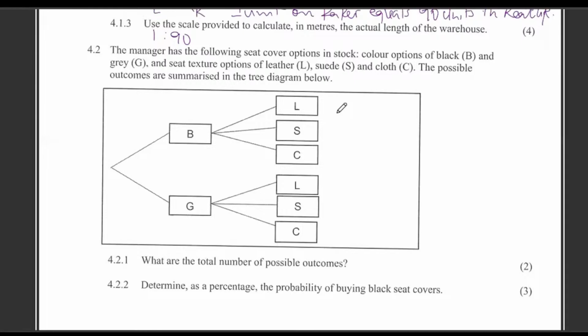The possible outcomes are summarized in a tree diagram below. What is the total possible outcomes? And the possible outcomes are supposed to be these ones. How many legs do we have here? We have 1, 2, 3, 4, 5, and 6. So the total possible outcomes are 6.